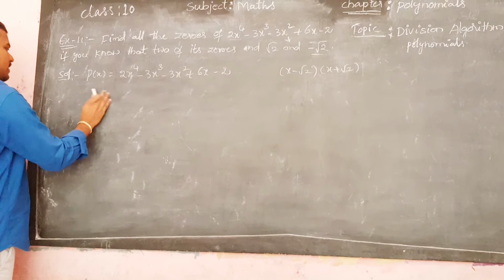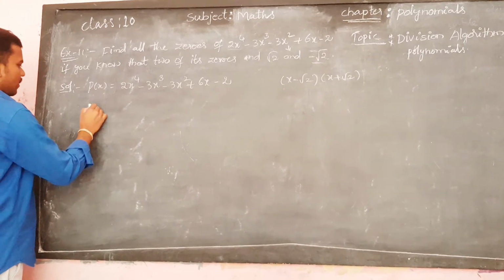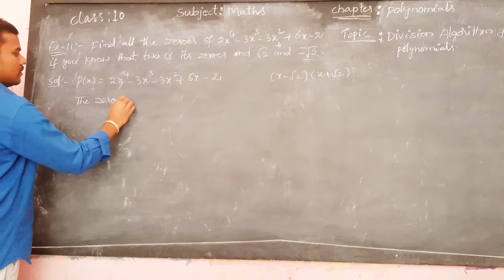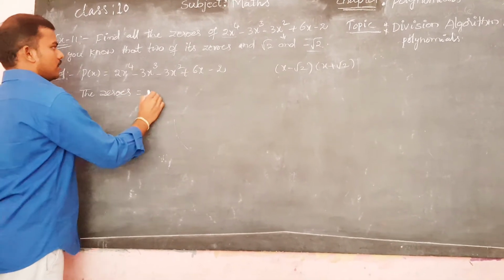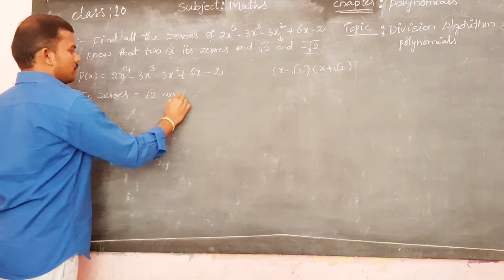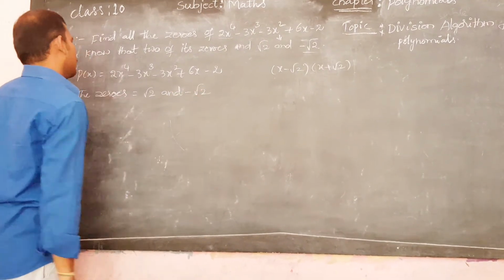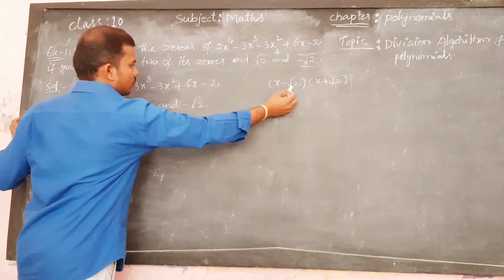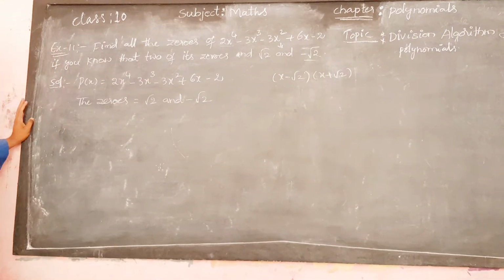So the given zeros are √2 and -√2. So we can write the factors x minus √2 and x plus √2.